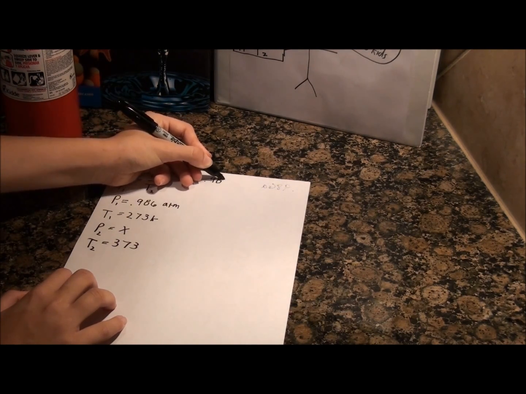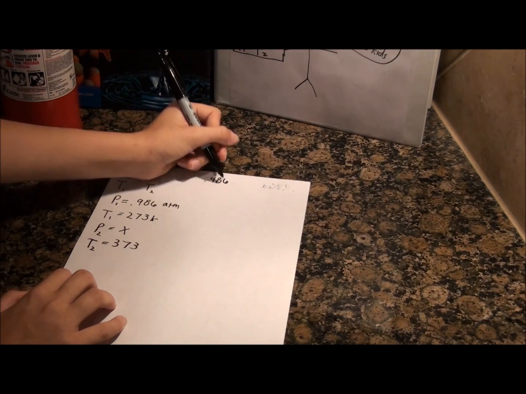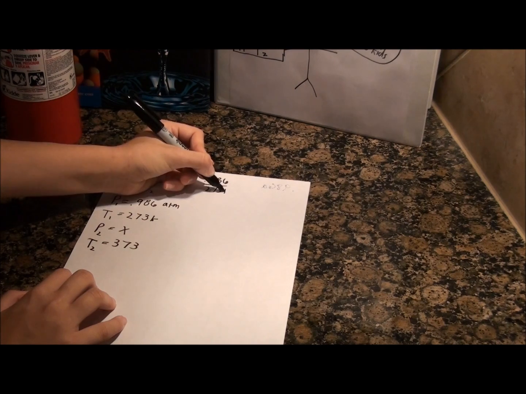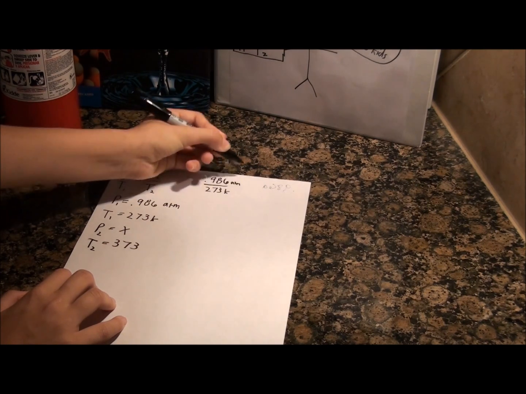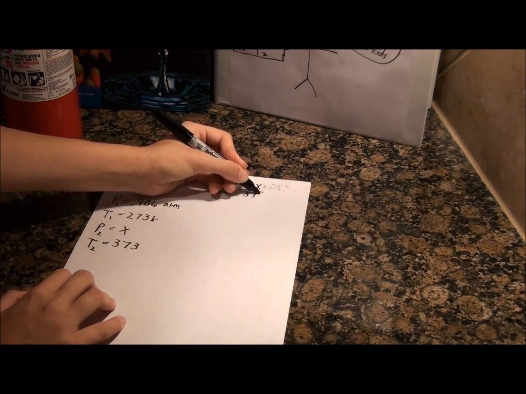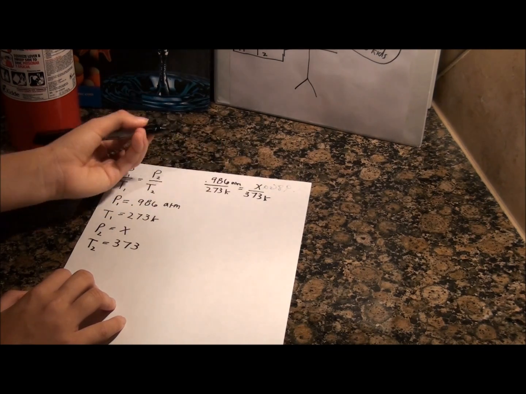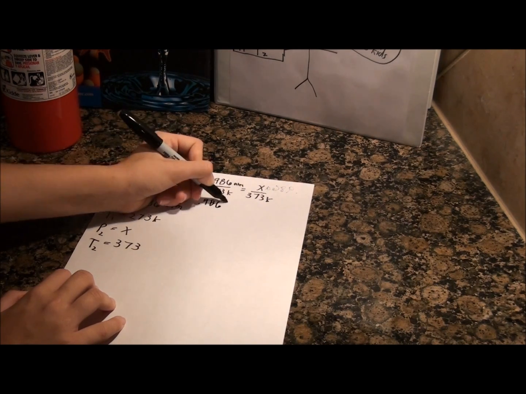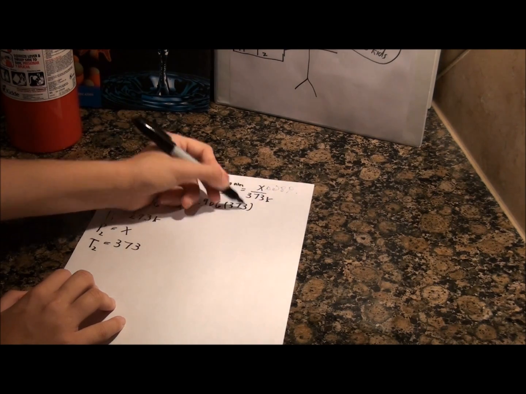0.986 atmosphere over 273 is equal to X over 373. You cross multiply and you get 0.986 times 373 is equal to 273x.